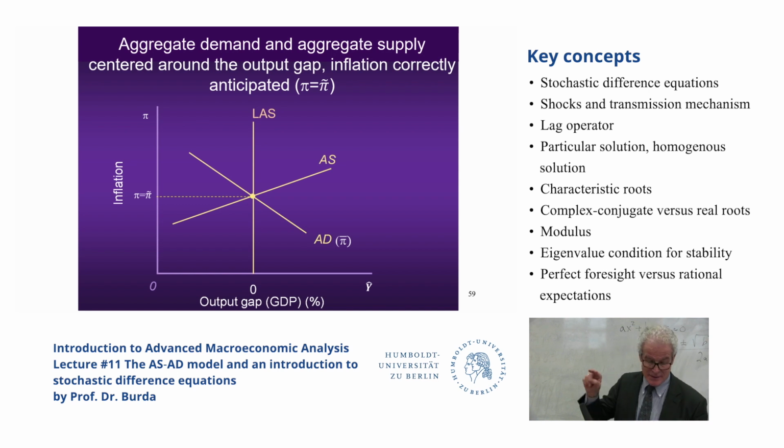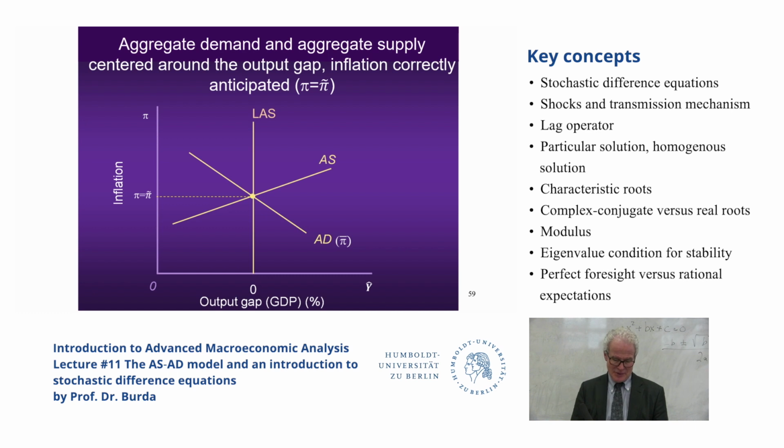I know that because the AS curve intersects the LAS curve and the AD curve at the inflation that they expect, which is pi tilde. So that's the resting point of the system. This could describe the world in 2017, where inflation was low, we had no pandemic, demand was pretty stable, people weren't talking about Ukraine, we weren't talking about much of anything.